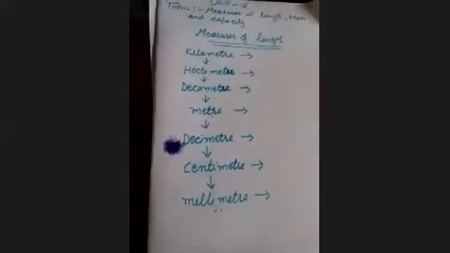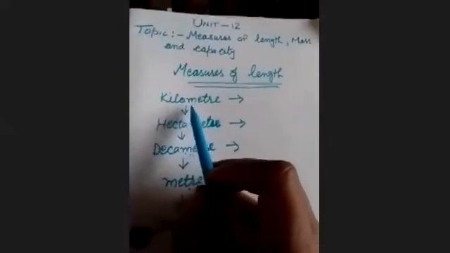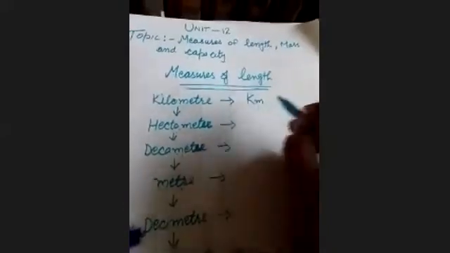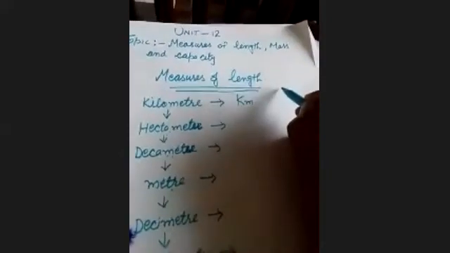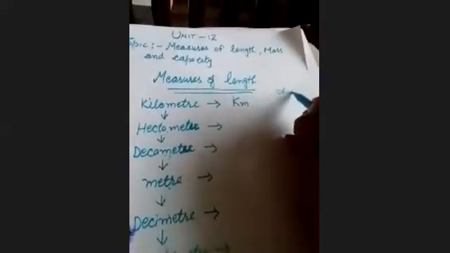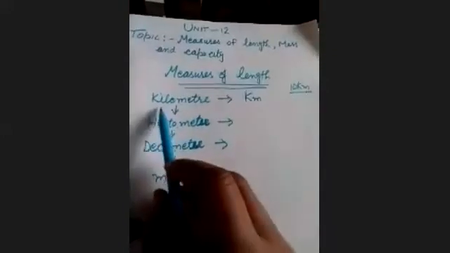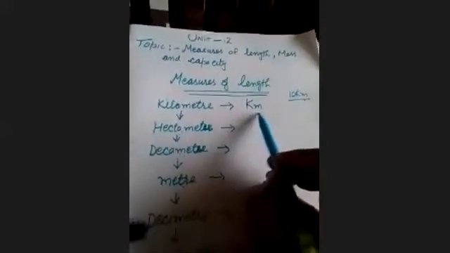Now we write the short form of these units. Short form of kilometer is km. If we write 10 kilometer, we will write it as 10 km.